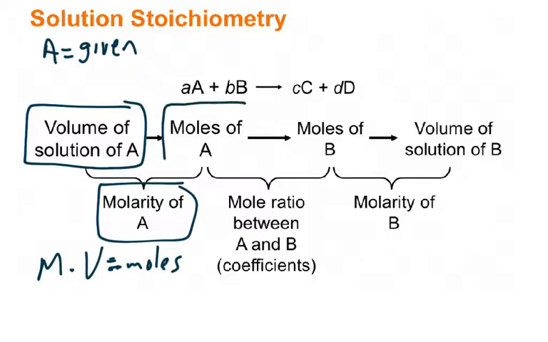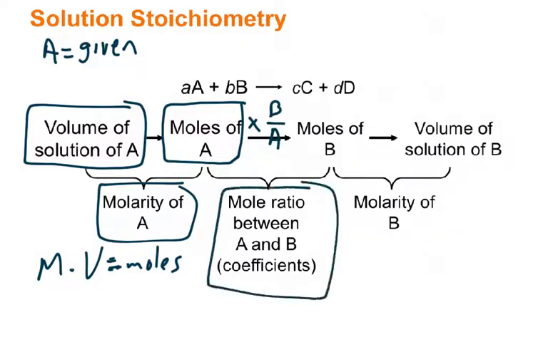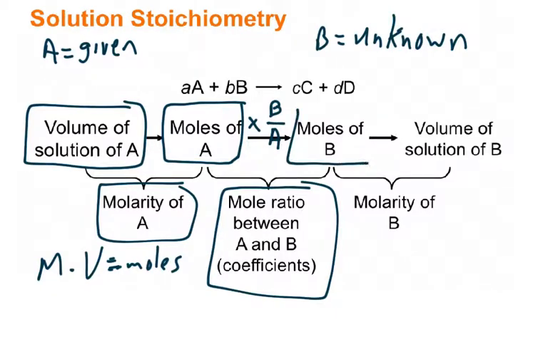Then I use B over A, which is known as the mole ratio, where B is the unknown, and this is where the balanced equation comes in handy. B is the coefficient of the unknown, what you're looking for, and A is the coefficient of the given. When you multiply by the mole ratio, you get the moles of the unknown.